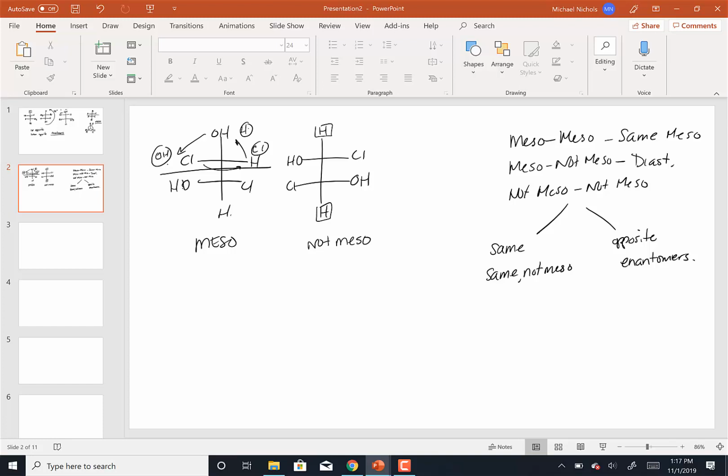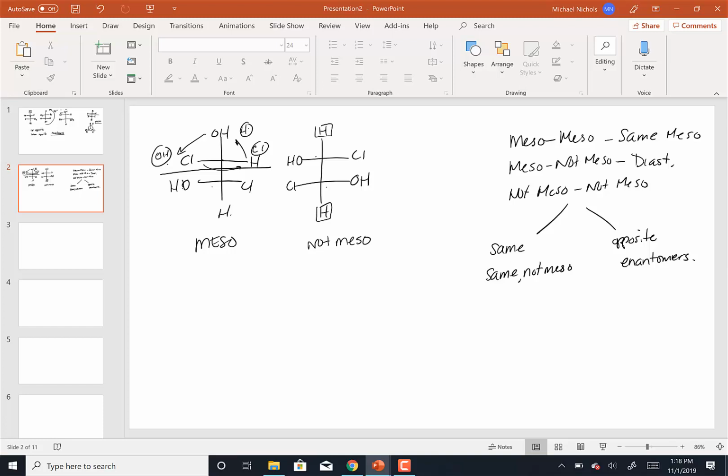I'm confused about what you mean when you say both the carbons have the same configuration. Do you mean within one molecule? What I mean is comparing top to top and bottom to bottom. That's how we determine, like we just did with the other problem, whether they're the same, enantiomers, etc. You always compare the two.